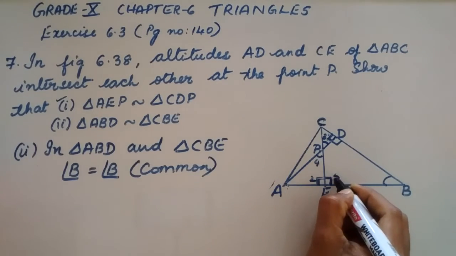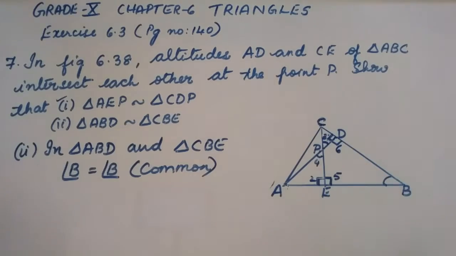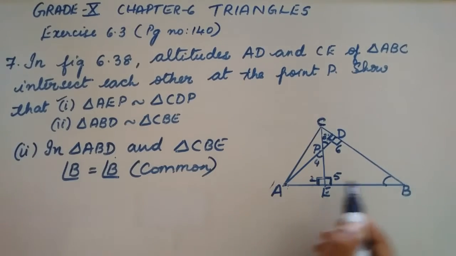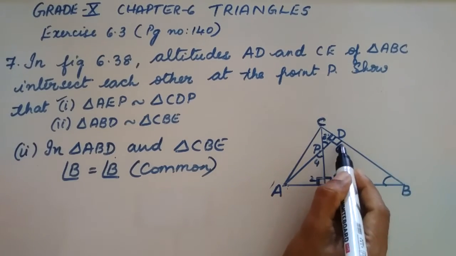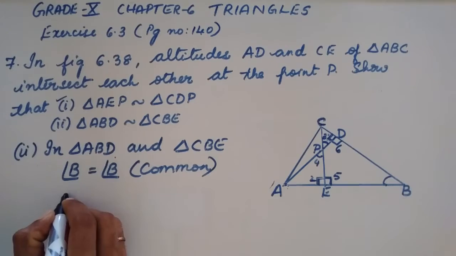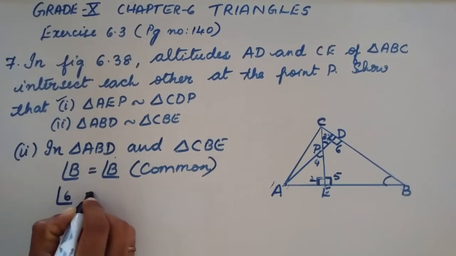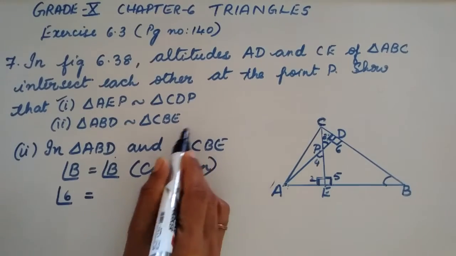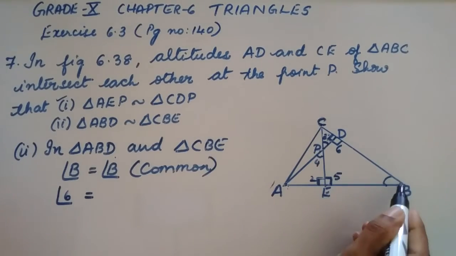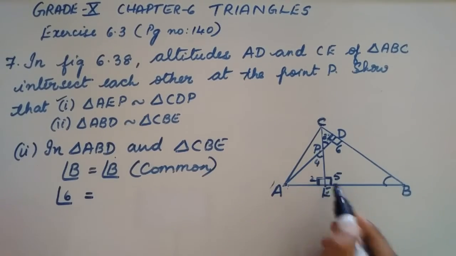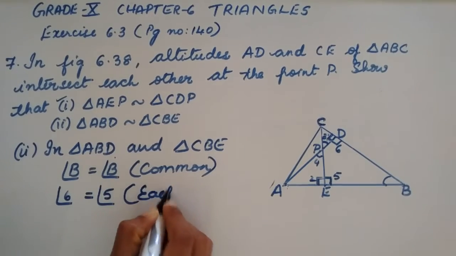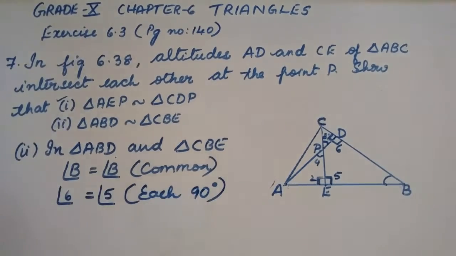Now let me name this angle as 5 and this as 6. So here in triangle ABD we have a right angle, that is angle 6, and in triangle CBE we have angle 5, each 90 degrees.